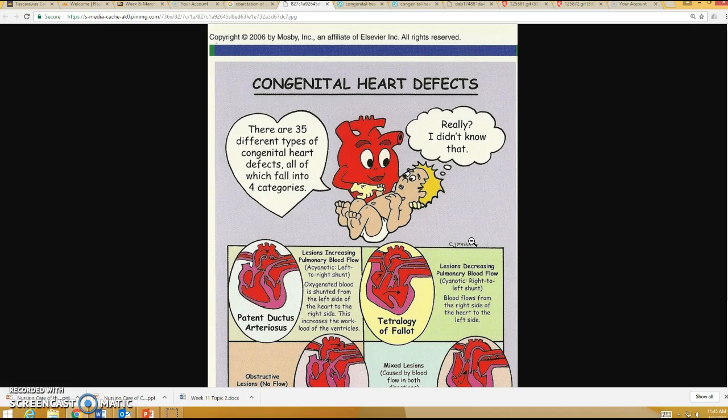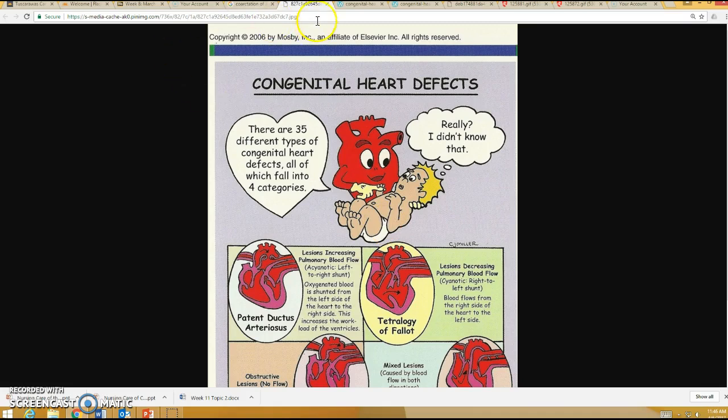And what happens here, for whatever reason, we now have a right to left shift, which means we're going to shift unoxygenated blood to the left side of the heart and circulate that, which will cause the baby to appear cyanotic. In the event of a tet spell, when the baby becomes upset, that right-sided pressure increases much more, causing an even greater shift of unoxygenated blood to circulate through the body.